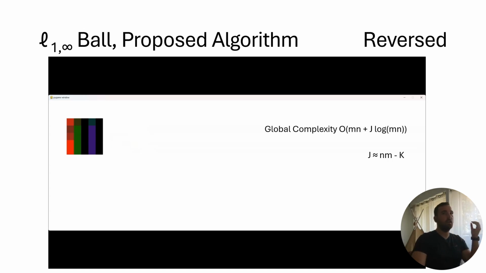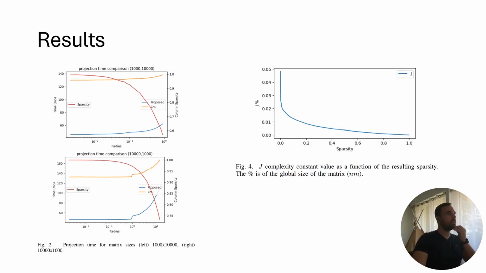The thing is that j is equal to nm minus k, and k tends to be nm when we have a bit of sparsity. So this is why we've done this algorithm. And the paper is mostly the mathematical stuff to prove that we can find the threshold by working in the reverse order. Okay. So now look at the results.